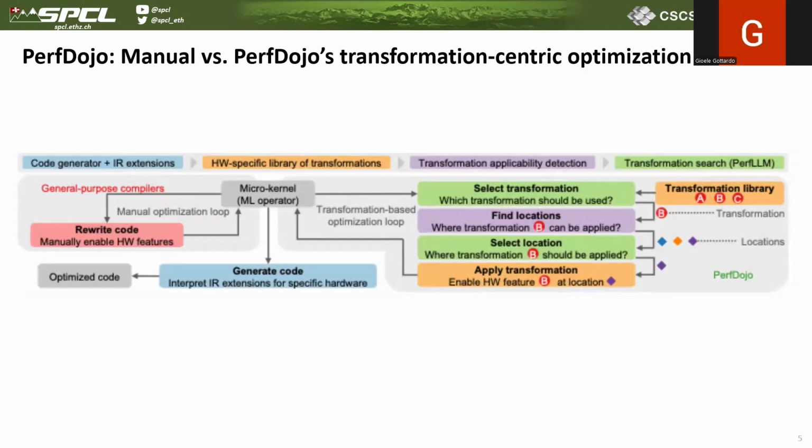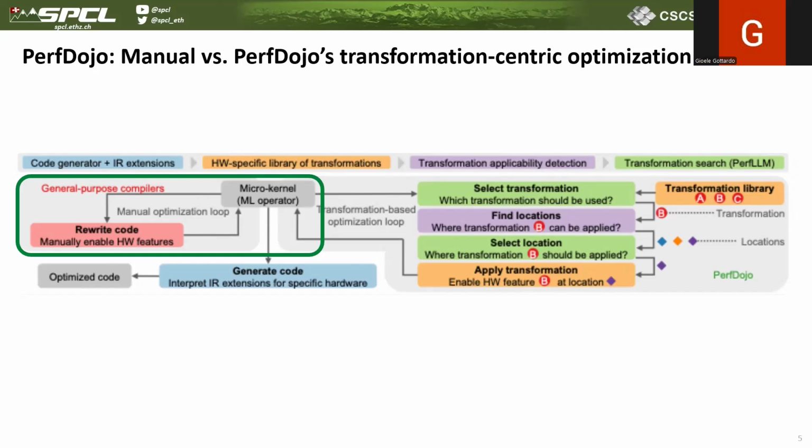Now, to create PerfDojo, we start by looking at what a performance engineer usually would do when developing a kernel. So usually the engineer will write the code for a given kernel, then compile it, run it, and measure the performance.